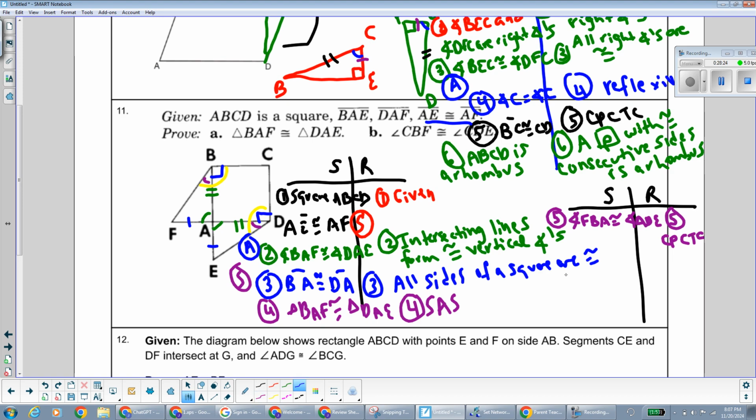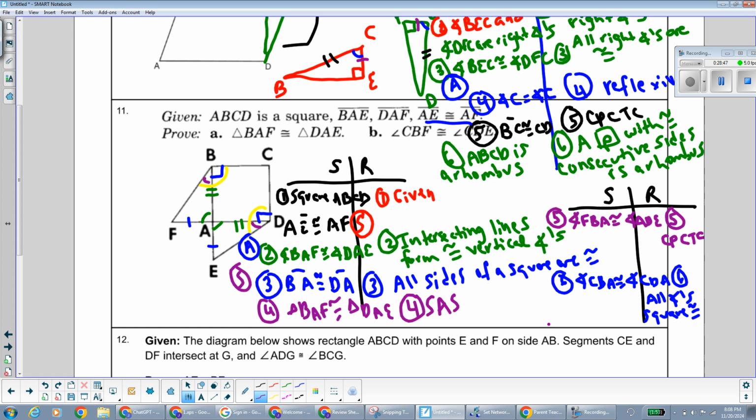And we can say angle CBA is congruent to angle CDA because all angles of a square are congruent.